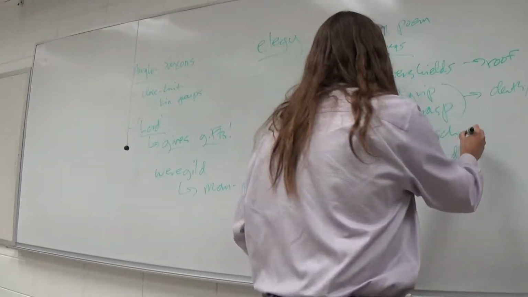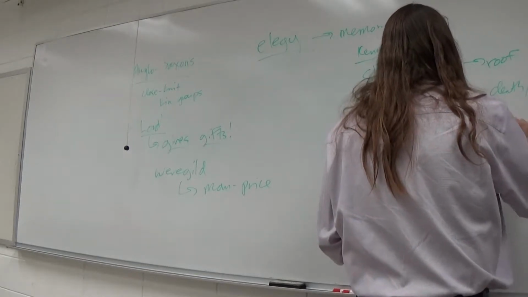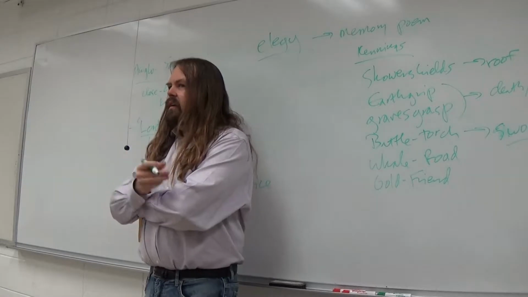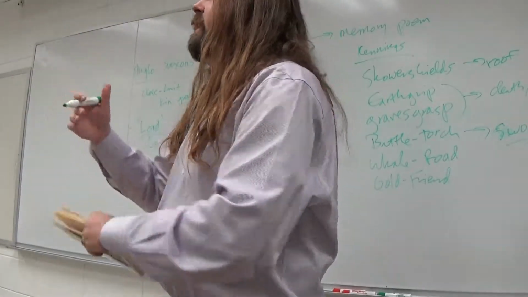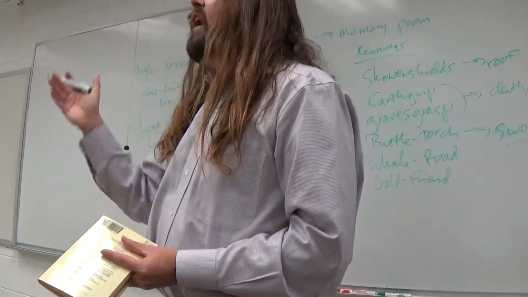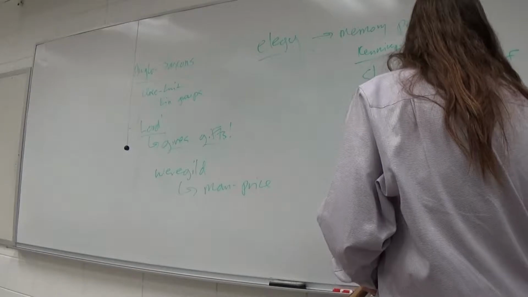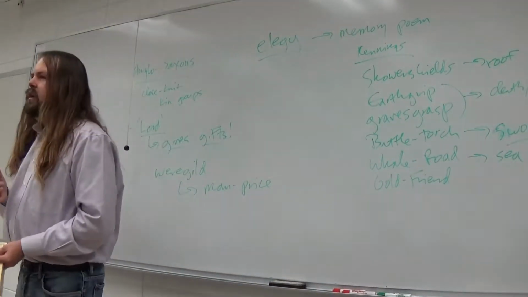Good. What about the whale road? What is the whale road? If you're thinking of the sea as something you traverse, right? Something you travel on. This one might be a little bit tougher because it's more culturally specific.